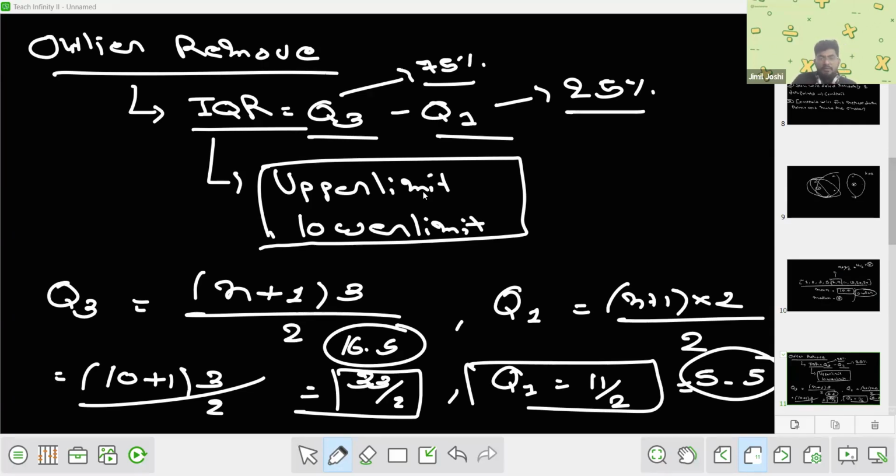Oh, I'm sorry, I made a mistake. I think we have to divide by 4. Sorry. 33 divided by 4, 11 divided by 4. This will give you the position.